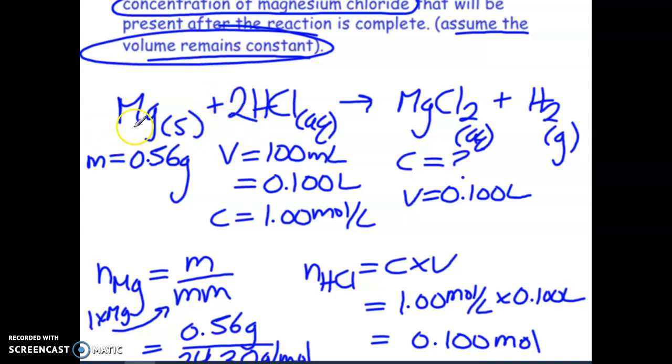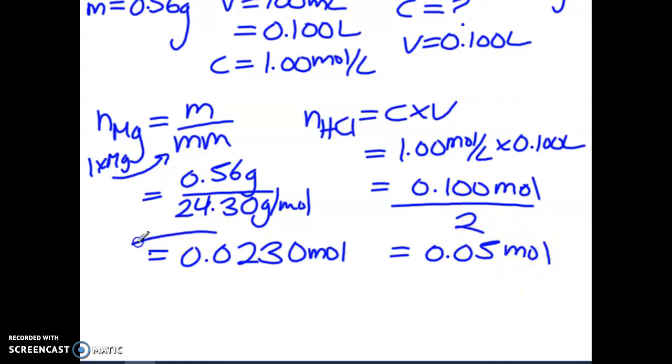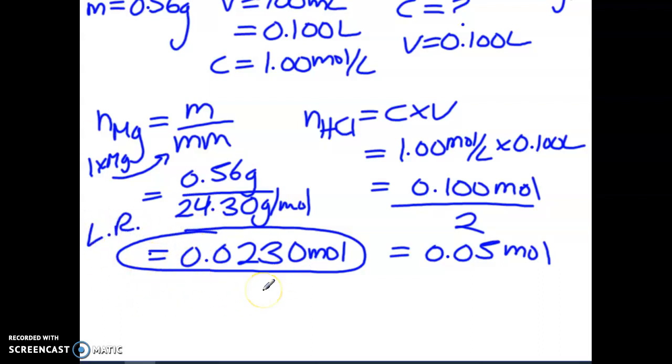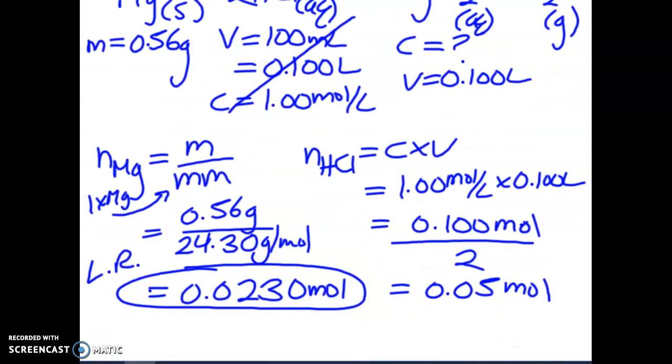So because this is a 1-to-2 ratio, I would have to divide this by 2 to make a proper decision here. Okay, so even after dividing by 2, my magnesium is still the smallest value, which means that magnesium is my limiting reactant. So actually, we don't really need this HCl information anymore.